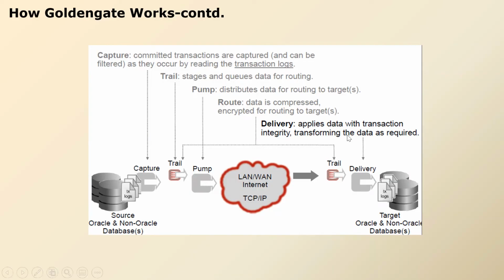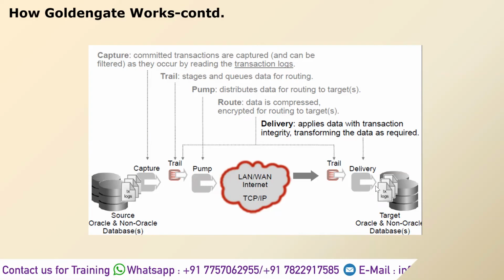So there are three processes involved in GoldenGate replication: capture, pump, and delivery, or I should say extract, pump, and replicat process. Now there was a question: suppose a transaction is running, how will GoldenGate apply it on the target? As soon as the transaction gets committed, it gets captured, written to the remote trail by the pump, and then replicat applies it.